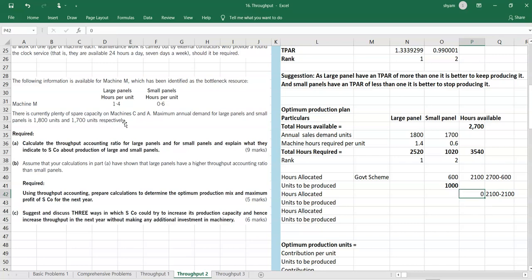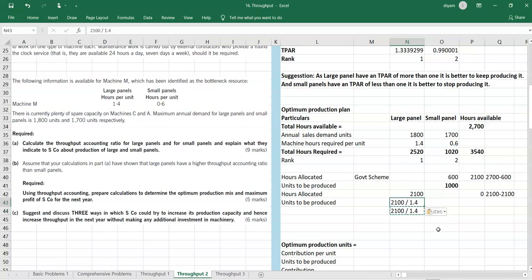Okay, so if you see large panel, it requires 2520. We have only 2100 hours. So hours allocated is 2100, but we can't produce all the units. So each unit takes how many hours? 1.4 hours.